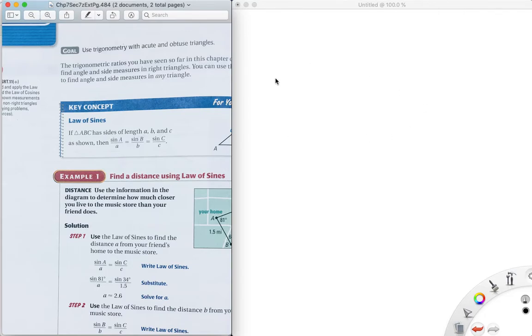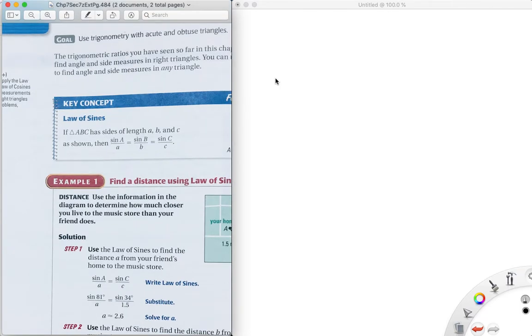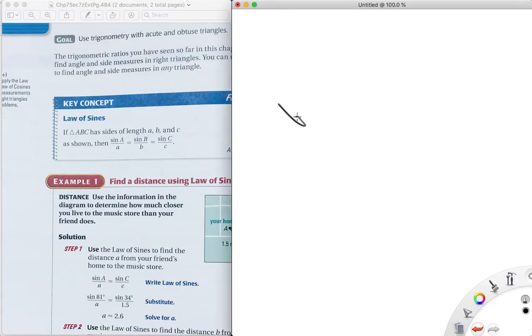So for the law of sines, if we have the triangle ABC, and opposite of those angles are little a, little b, little c.